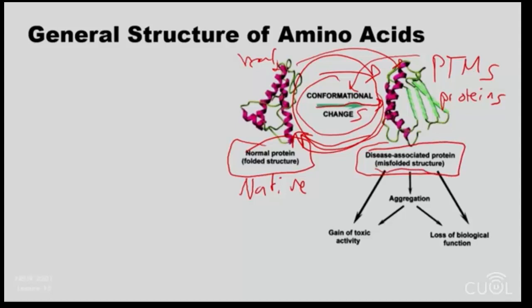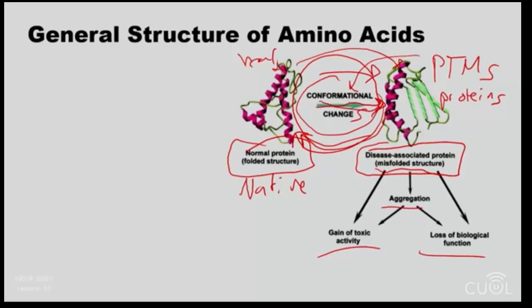You get stuck into this misfolded state, scrambled eggs, you can't go back to that liquid form, and those eggs will become aggregated, and you will lose whatever biological function, or you'll have a gain of toxic activity.